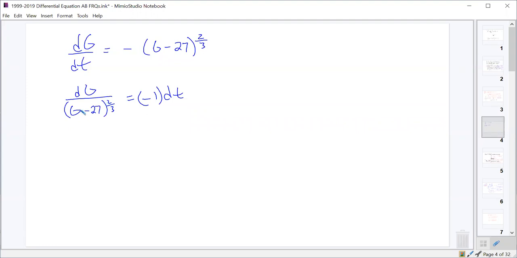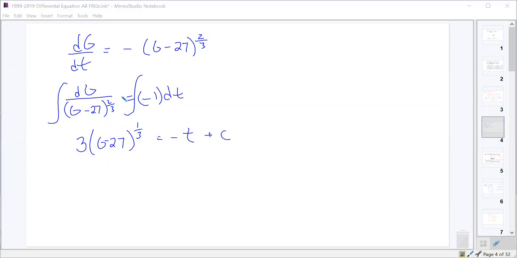And a simple u sub makes that u to the negative 2/3. So that'll become u to the 1/3, you'll divide by 1/3. So you'll end up with 3 times g minus 27 to the 1/3 equals negative t plus some constant. Everybody good with that? You integrate?